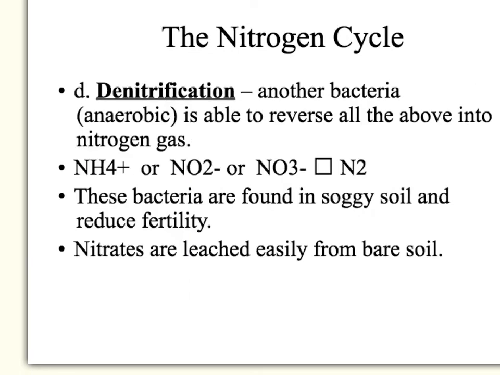Now when we look at denitrification, that is the opposite. So another type of bacteria can then reverse the process and take that ammonium and convert it into nitrogen gas, atmospheric nitrogen. These are generally anaerobic bacteria that do not require oxygen.